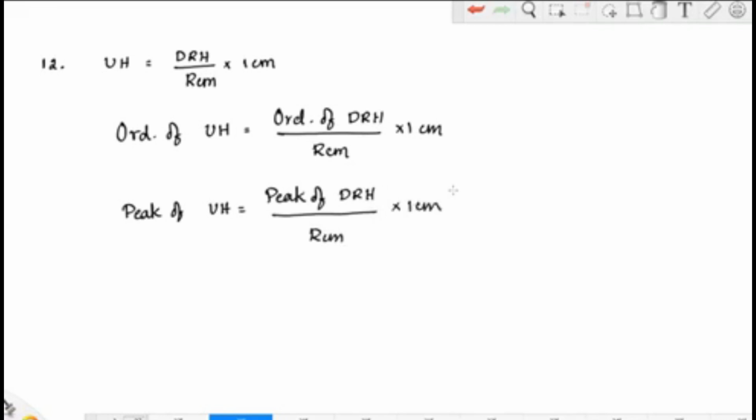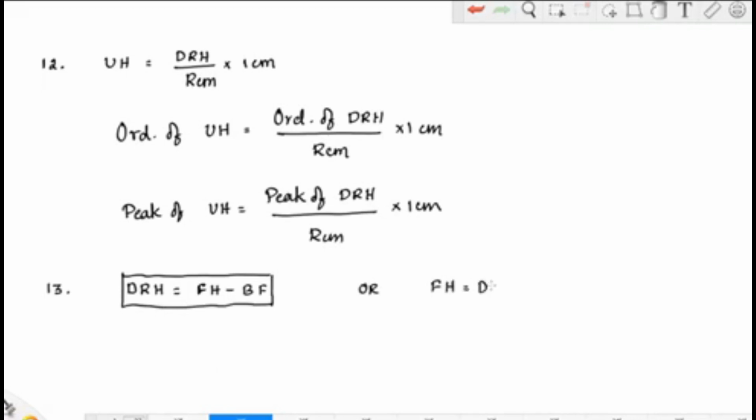So finally, end result what you have to remember is that DRH basically is equal to flood hydrograph minus base flow. This is the first logical point you have to remember. Or the same thing what you can write is flood hydrograph is equal to DRH plus base flow.